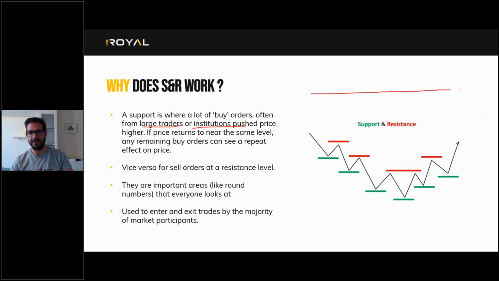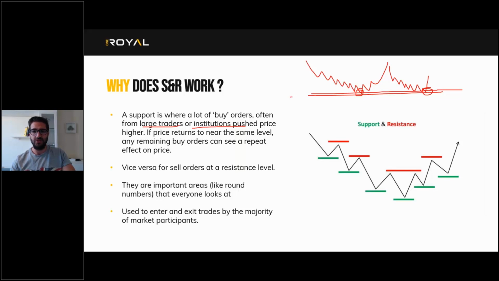Let's say this is a support and the market is going to the downside like this. The market reversed because here there were huge buy orders. So this becomes a support area, and next time the market approaches this area, there will be a certain reaction, most probably a move to the upside.